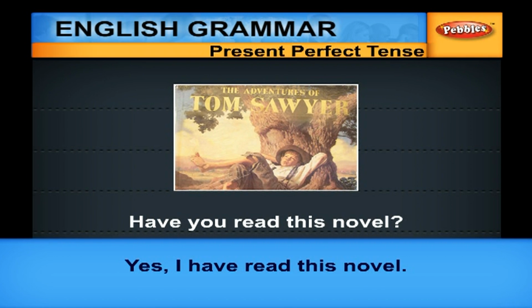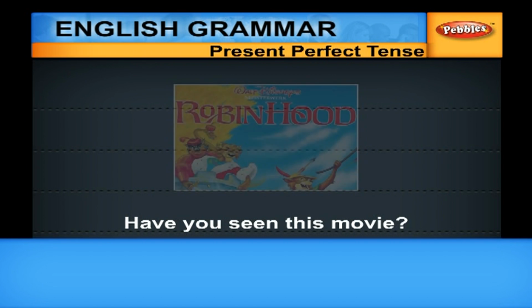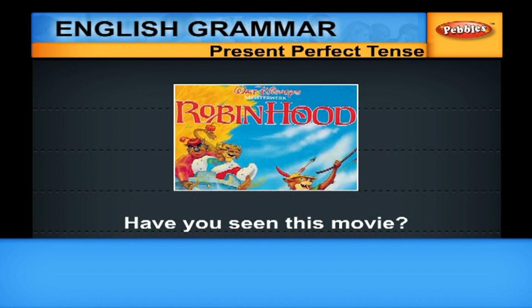Yes, I have read this novel. Present perfect again. Have you seen this movie? It is in present perfect. Yes, I have seen this movie. It is in present perfect. You should not say, I have seen this movie yesterday. It is a wrong usage. If you say yesterday, it goes to the simple past. You can't use present perfect.